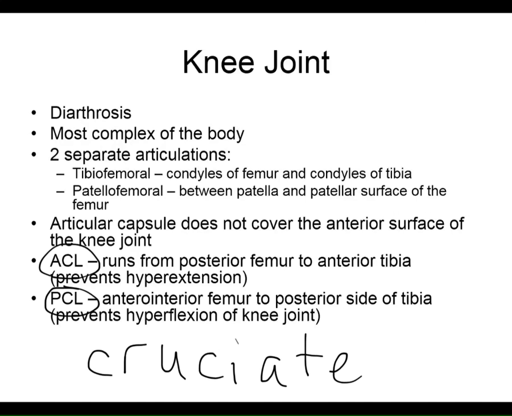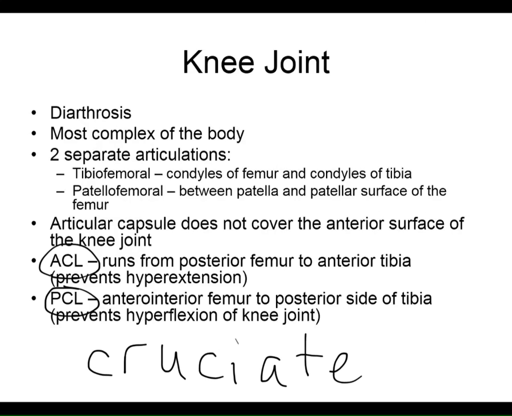So the cruciate ligaments we're going to see in a moment are going to cross over each other. They're going to make an X in the knee. The ACL is in your knee to prevent it from hyperextending. Right? Our knee has a normal range, and these ligaments are there to keep the knee from going beyond its limits. You would never want to hyperextend your knee, right? There's a limit to that.